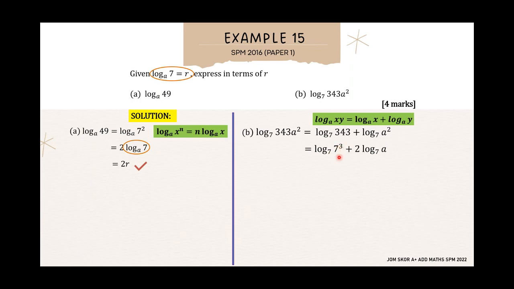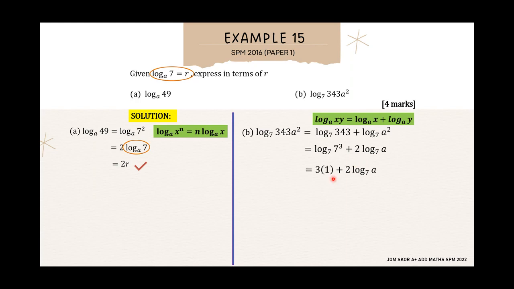Okay, 7 kuasa 3 bersama dengan 343. Okay, the fix is kalau dalam soalan tu dia bagi information dengan satu nilai, mostly kita akan darabkan dengan nilai tu jugalah. Okay, contohnya macam 49 kita tukar kepada 7 kuasa 2. 343 kita tukar kepada 7 kuasa 3. Okay, and then yang ni dia akan dapat 2 log A base 7.